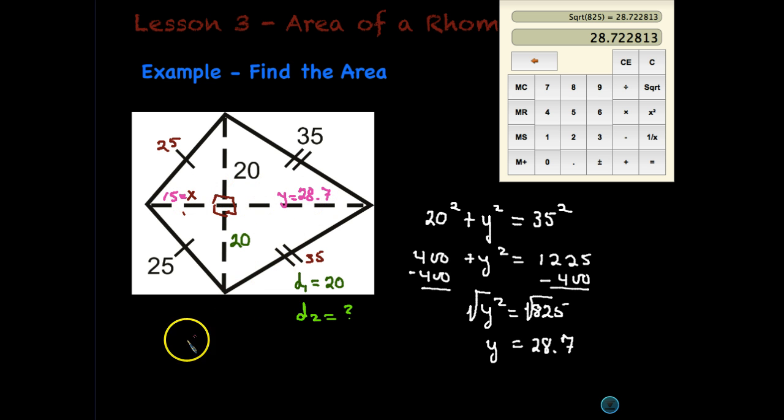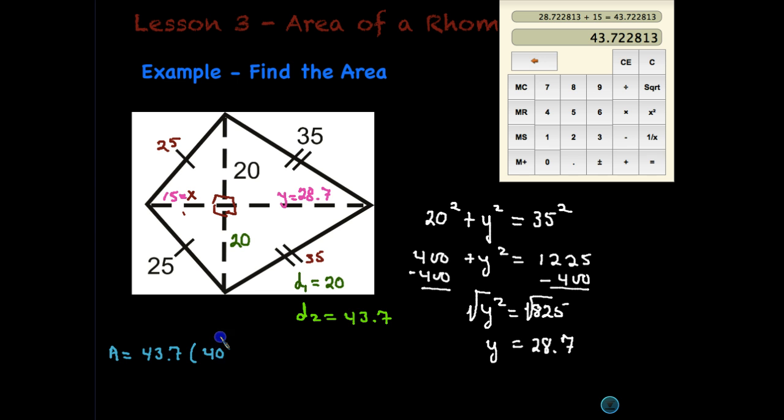But having these two gives me enough information to then solve for my second diagonal down here. If I add 28.7 plus 15, I should get 43.7. I'm now ready to find the area of this kite. Remember, it's diagonal 1, which we got 43.7, times diagonal 2, which is 20 plus 20.